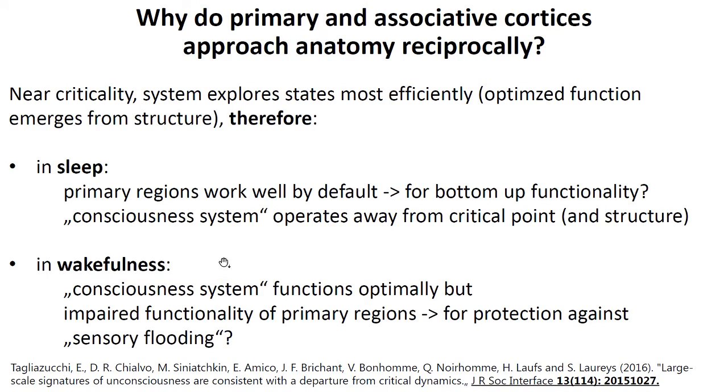So this means that the functional and structural networks will look more similar, and it makes sense that these dynamics are more critical at the sensory cortices during sleep, because it makes it easier for a person to be awakened in case there is some environmental danger during sleep. And the fact that critical dynamics are lost in the default mode network during deep sleep might account for the fact that you become unconscious mostly during deep sleep. But this is very hypothetical, and we built at some point a model to test this, but you know, it's still very preliminary.